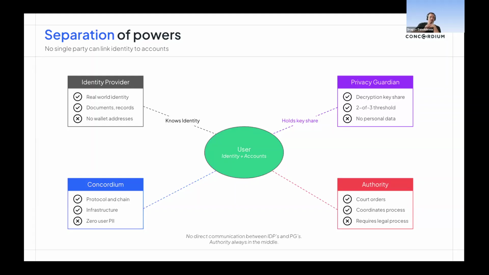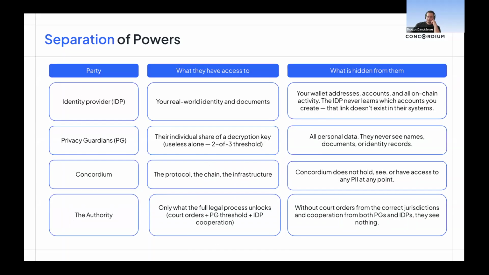So for example, no agency can just come and say, who's behind an account without an actual court jurisdiction. So there is no direct communication between the identity providers and the privacy guardians. The authority always sits in the middle.